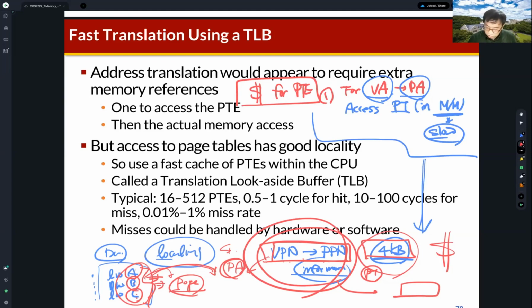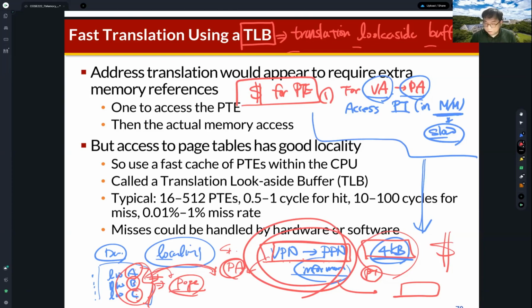And this structure is called the TLB. So TLB means the translation lookaside buffer. So it's a TLB. Okay.